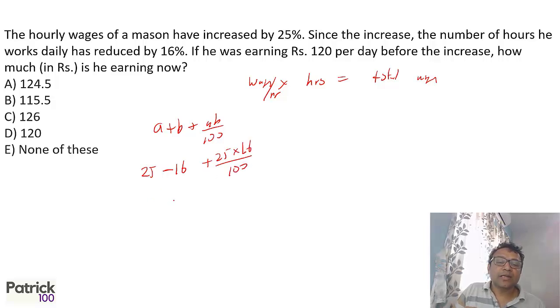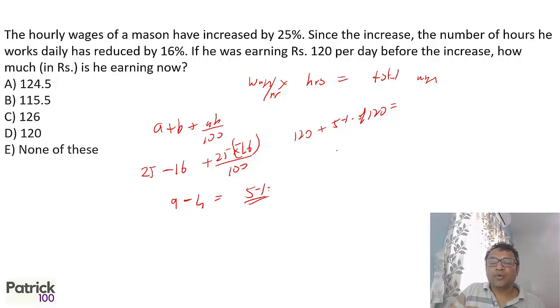If you solve this, 9 minus 4 comes to 5%. So the increase is 5%. Total wages: 120 plus 5% of 120 is 120 plus 6, which is 126. That will be the answer.